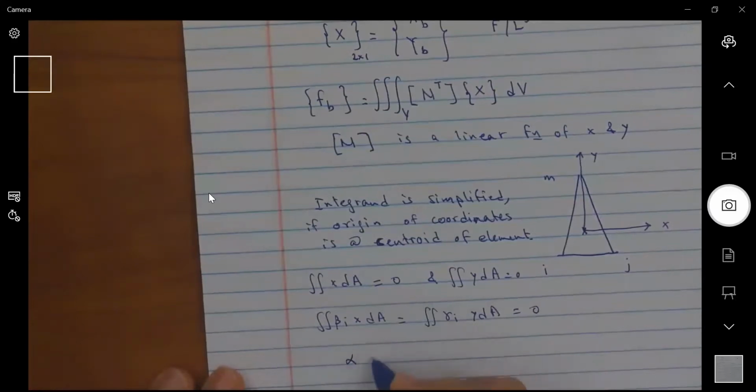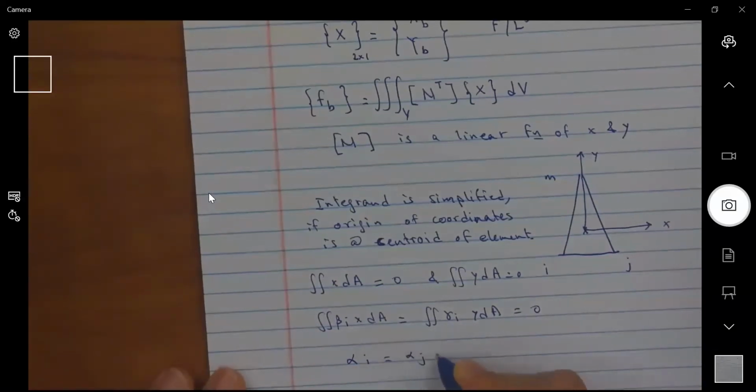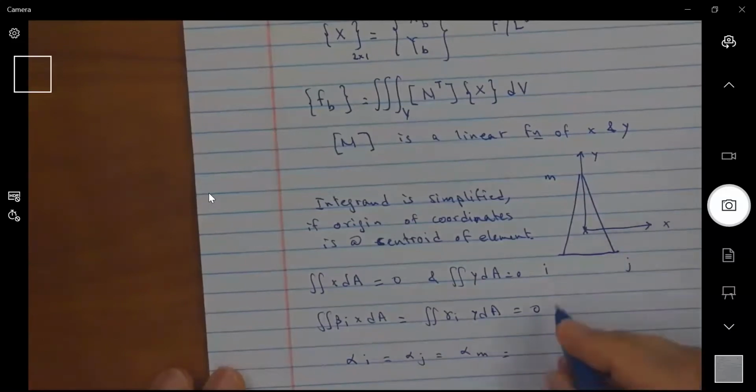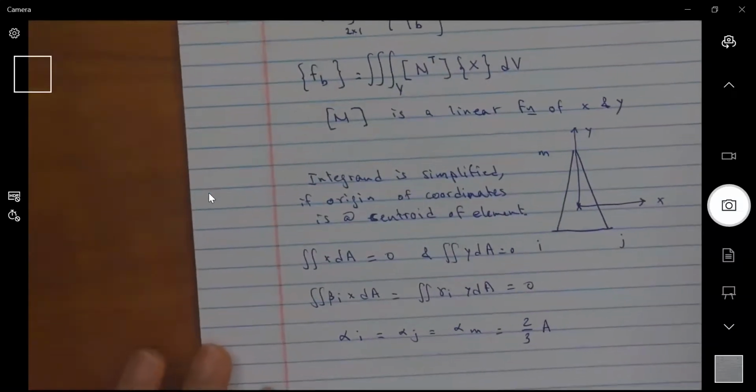Alpha I is equal to alpha j is equal to alpha m is equal to 2/3 the area of the element.